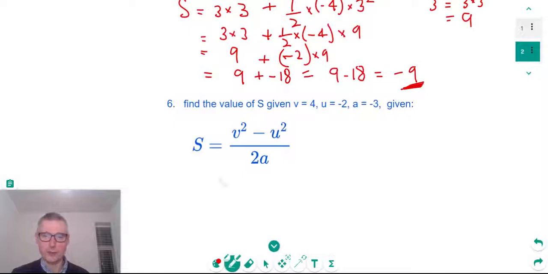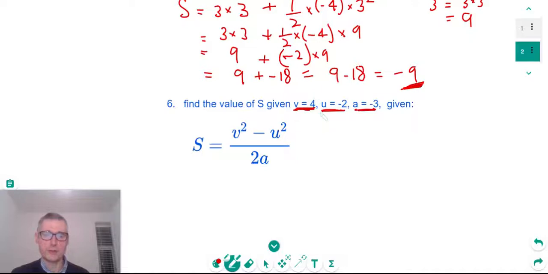So this is the last one I'm going to do on these. So this is a fairly complicated one. This is yet another of these SUVAT equations, but again, don't worry about that if you've never heard of it. All we're doing is we're substituting into this equation here, or formula for distance, and we've got v is equal to 4, u is equal to -2, and a is equal to -3.